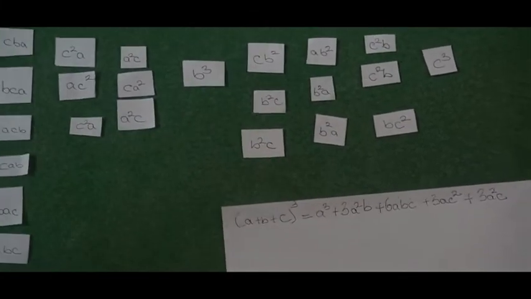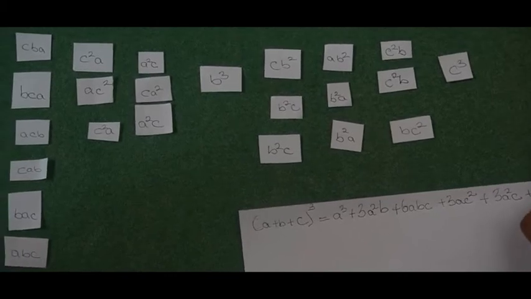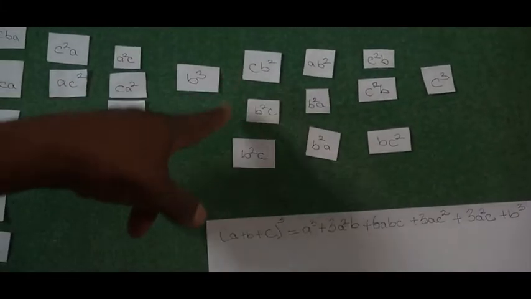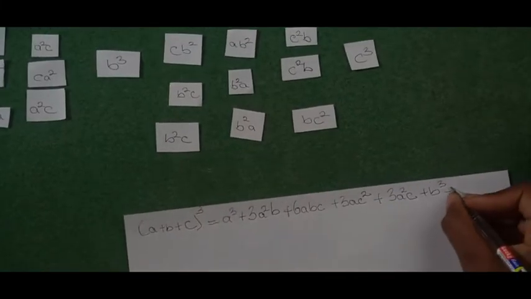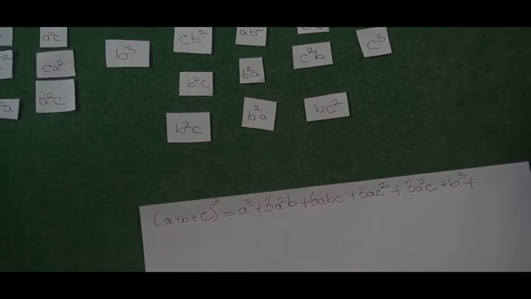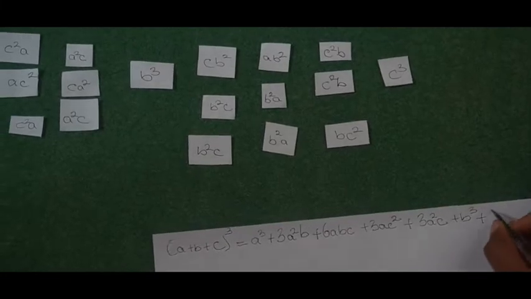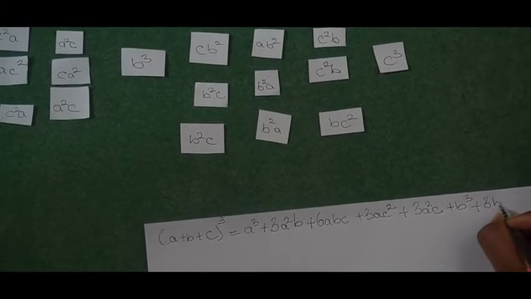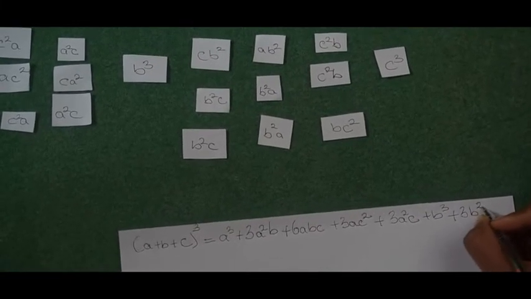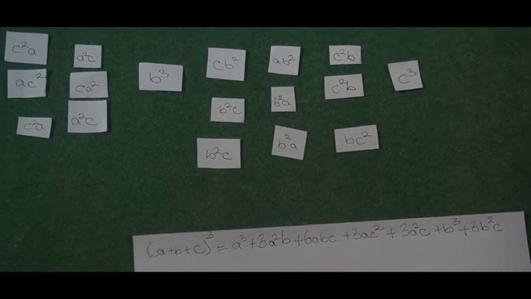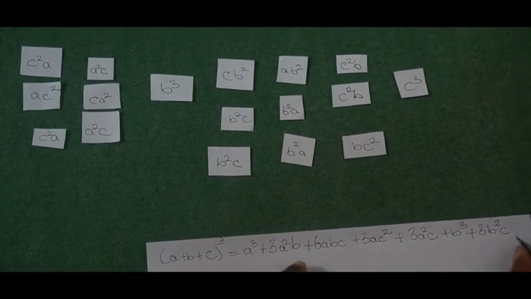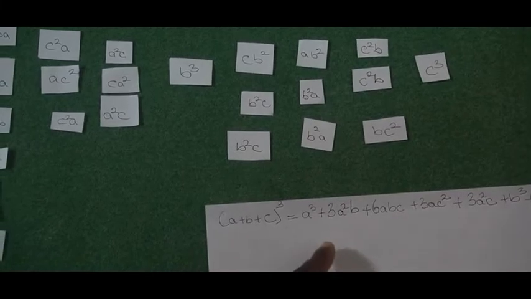Plus B cubed, plus CB squared. How many of them? 3. 3B squared C. Plus, you can continue, give some space.